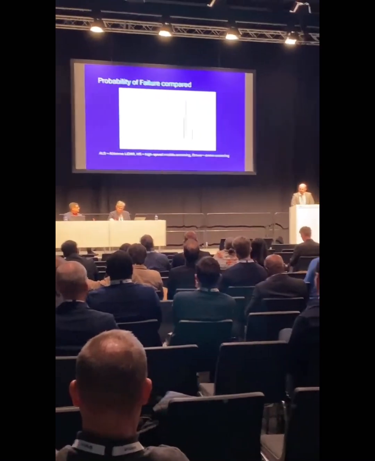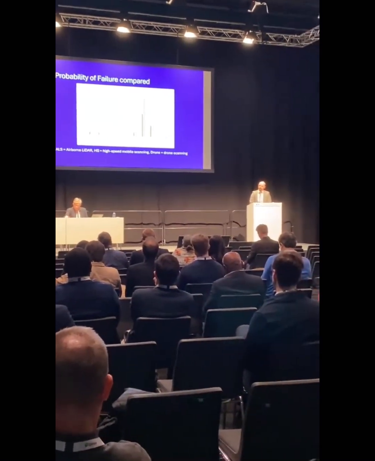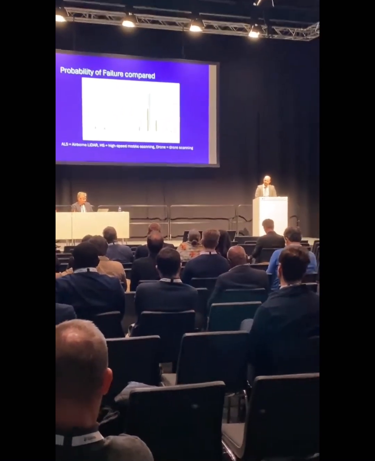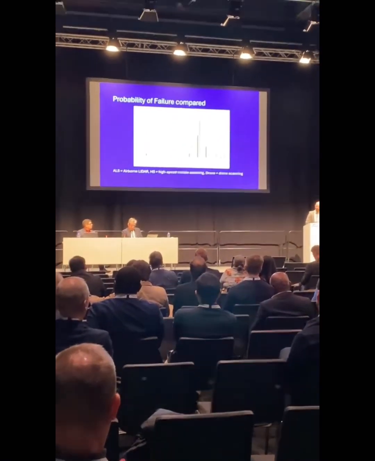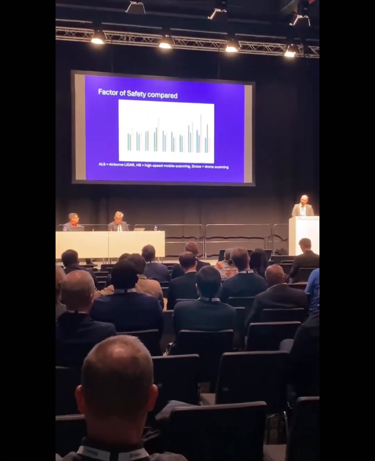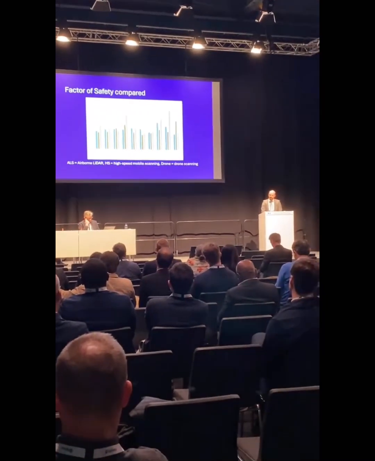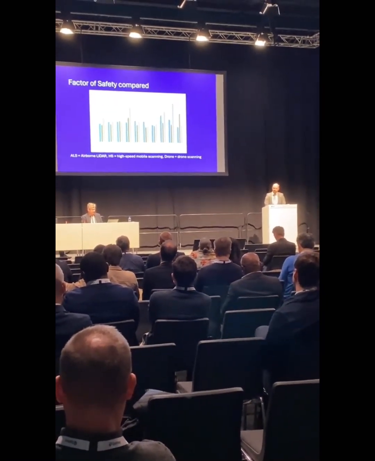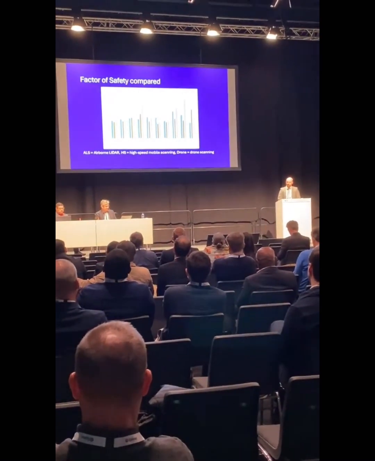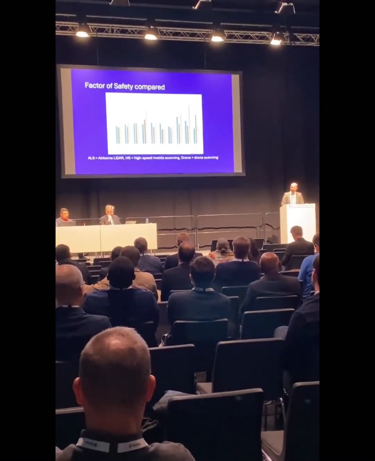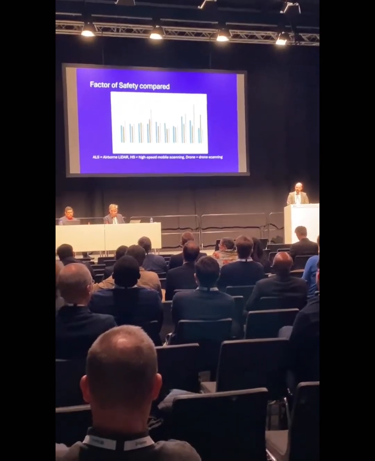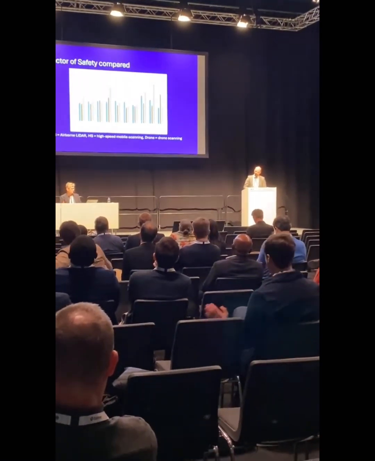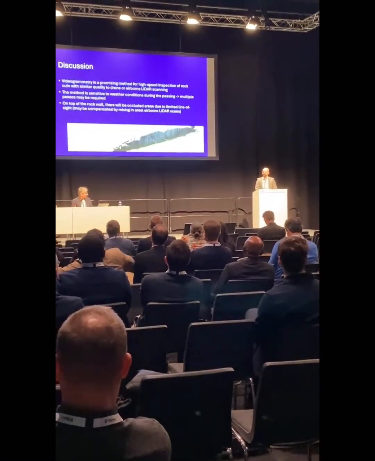It missed 12 and 14 and 19, but those are lower probabilities. For the factor of safety, it's more even, and the methods perform more comparably. And in this case, yeah, well, let's move on.